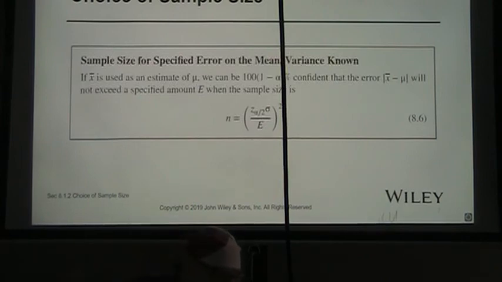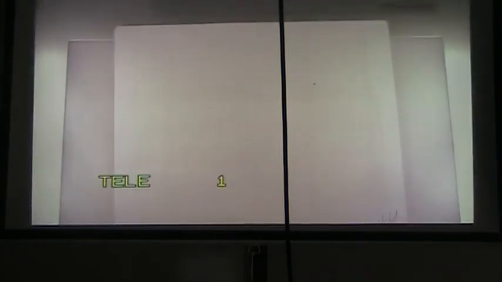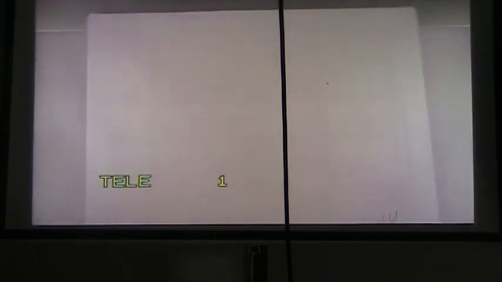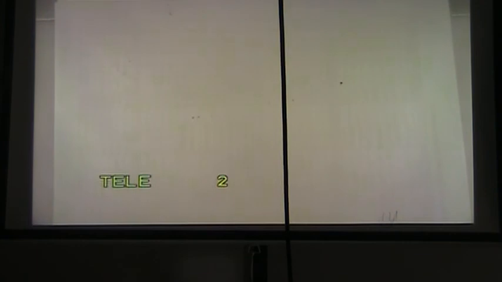Let's play with a couple of problems. Have to get the proper pen here. And let's make this a little bit larger, but not too large there.